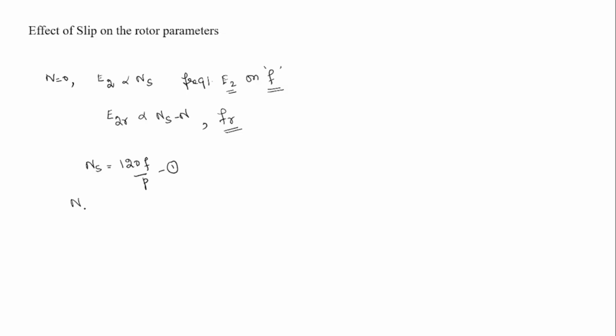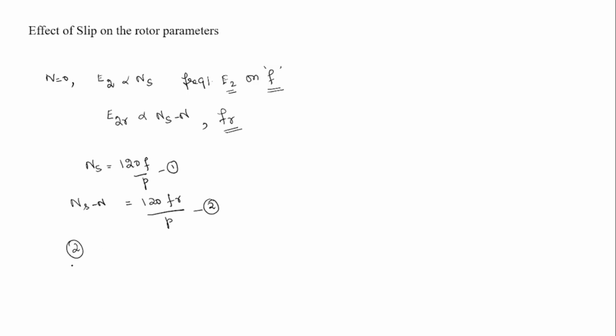Now, as the speed varies, ns minus n can be written as 120 Fr by P, where P is the number of poles of the rotor. The number of poles of the stator and the rotor will be equal. So this is equation number 2.